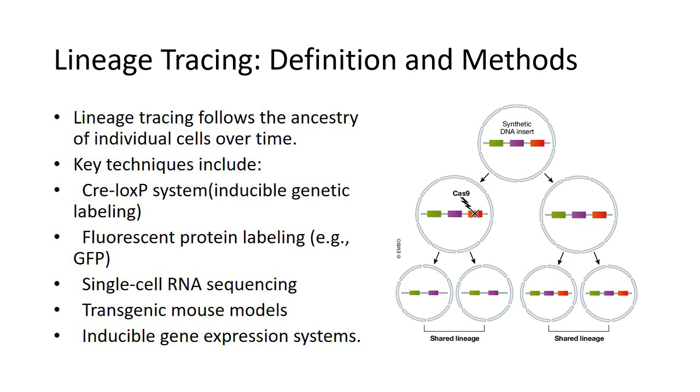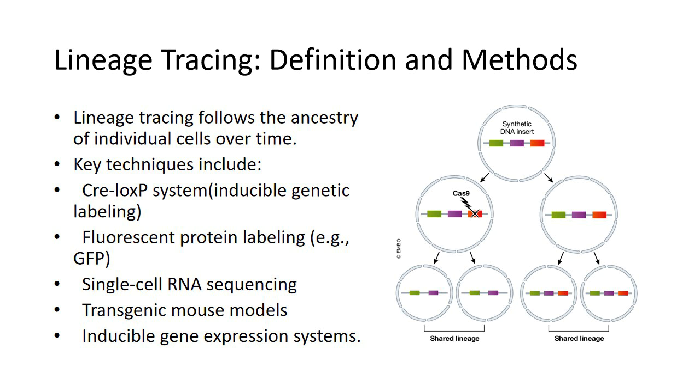Fluorescent protein labeling. Using fluorescent proteins like GFP or RFP, specific cells can be labeled and tracked over time to observe their migration, division, and differentiation. This method is especially useful for studying how cells contribute to tissues and organs over time. Single-cell RNA sequencing.